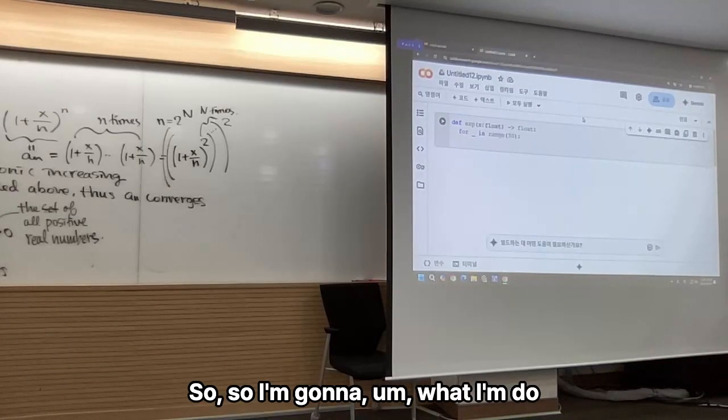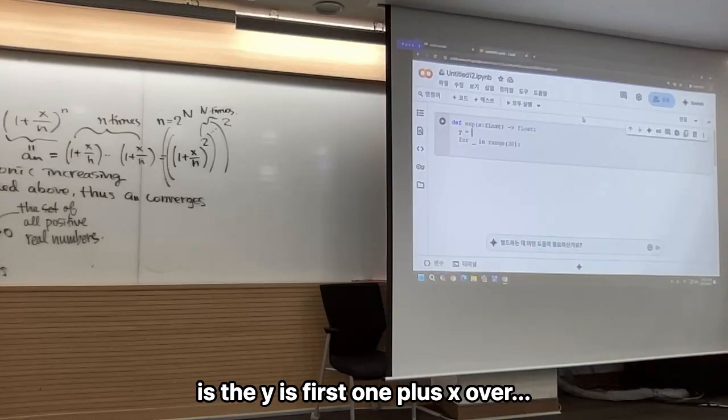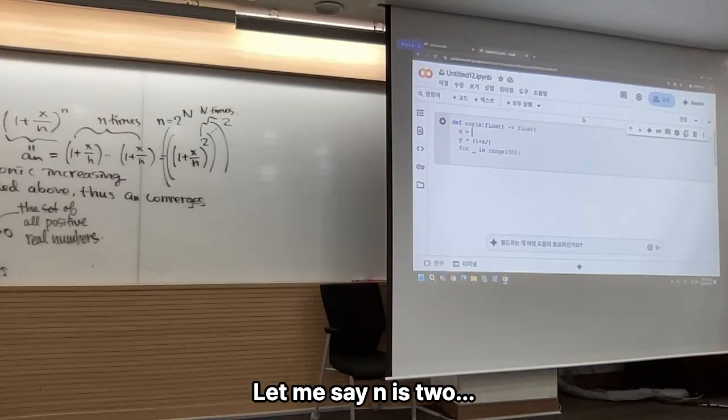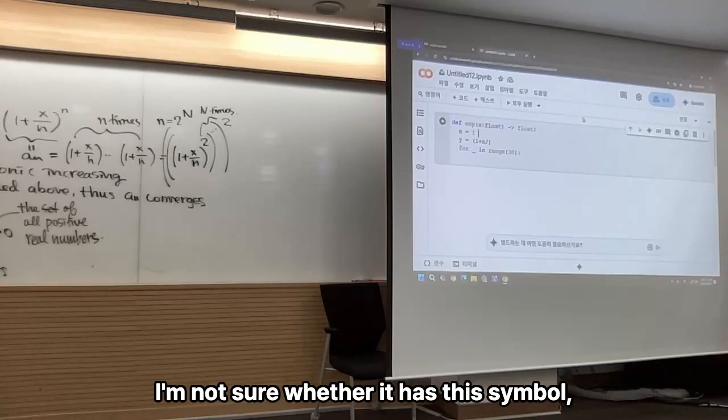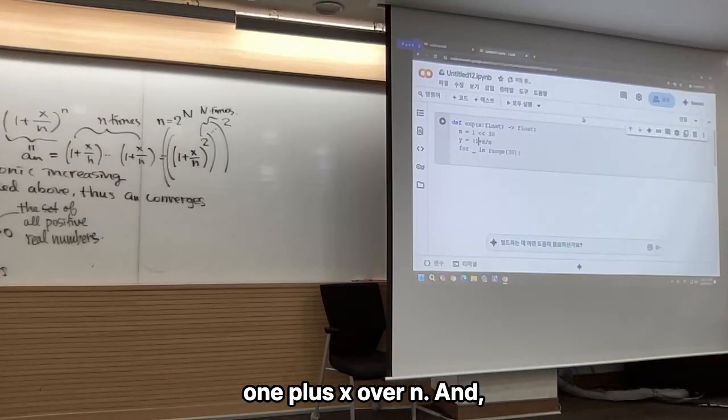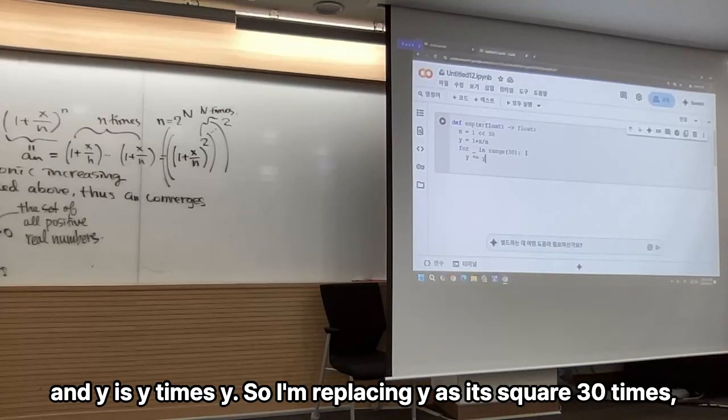First I need to take n here. Let's say n is 2 to the power of 30. I'm not sure whether Python has this symbol, but let's try. And y is 1 plus x over n. Then y is y times y.